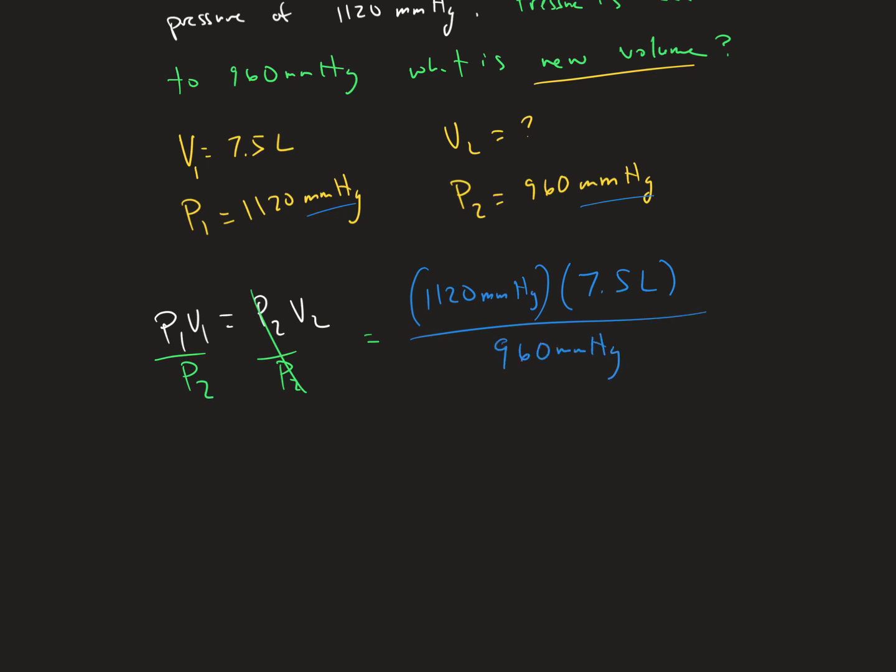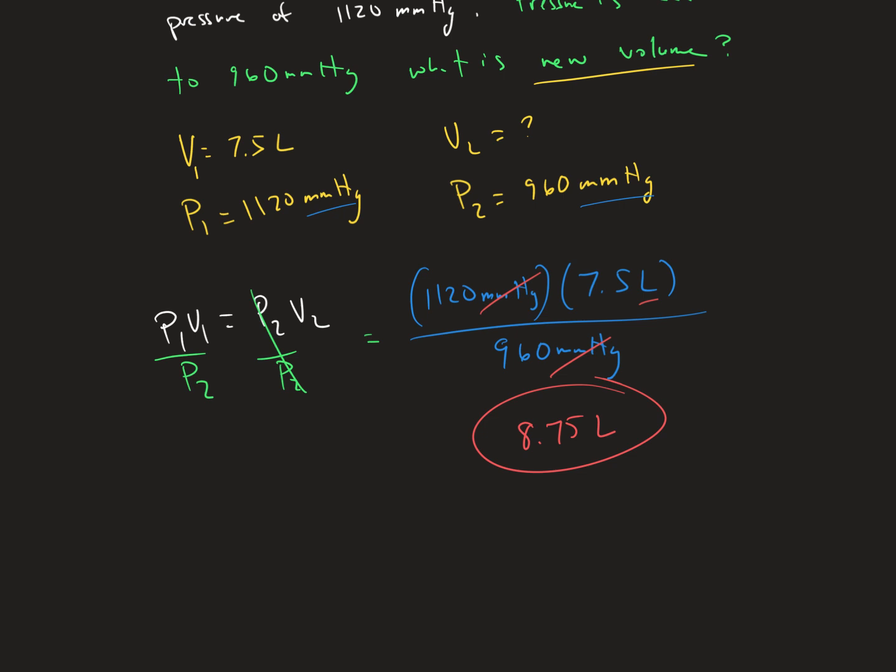What goes away? Millimeters of mercury. That means our answer is going to be measured in liters. If it tells us to put it in milliliters, then we have to convert, right? We good? So what do we get? 8.75.